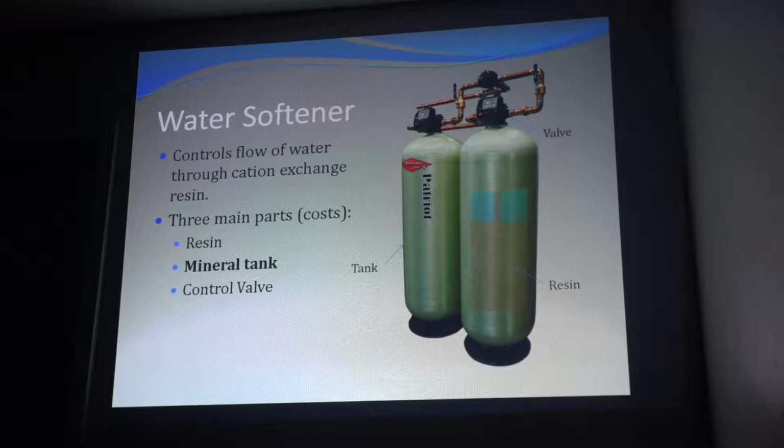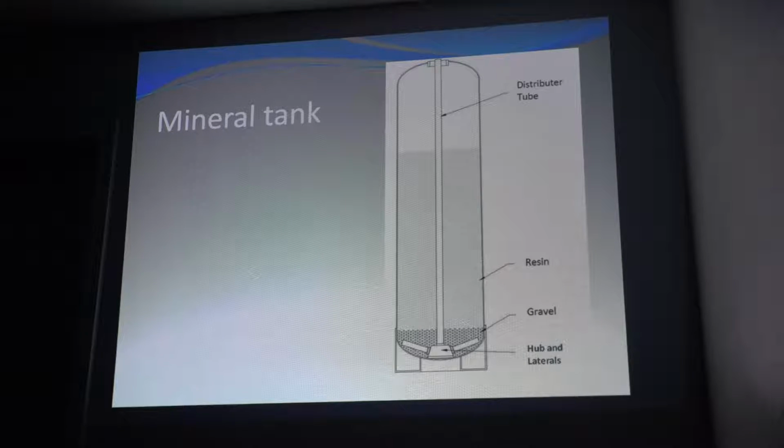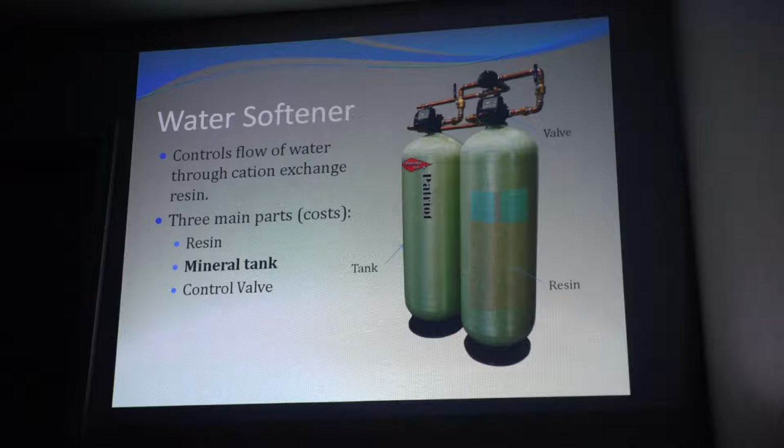The mineral tanks, you can see ours are fiberglass. It's really a two-ply, so to speak, tank. The inner shell is a blow-molded poly inner shell, and it has no rigidity to it. If you were to stand it up, it would just flop over like a weak balloon.